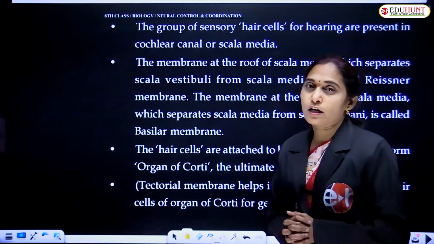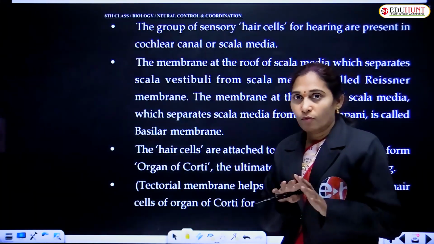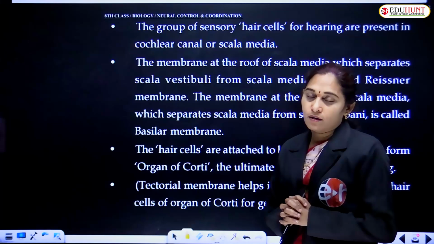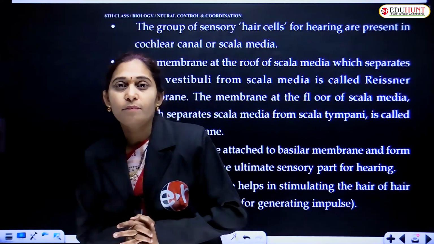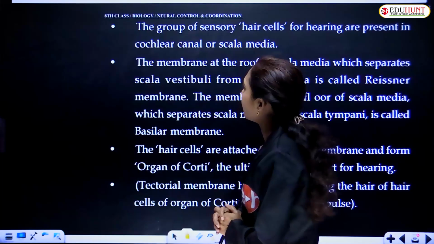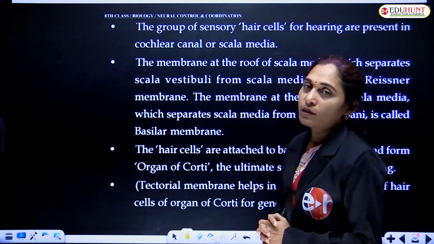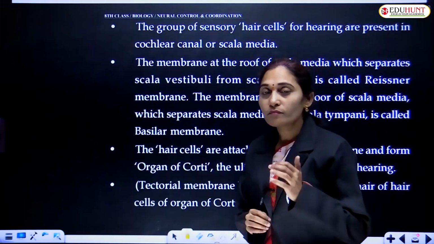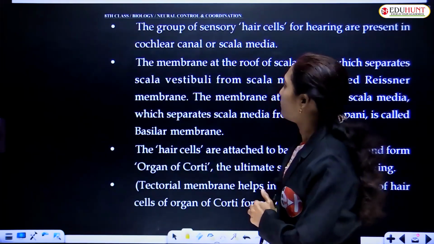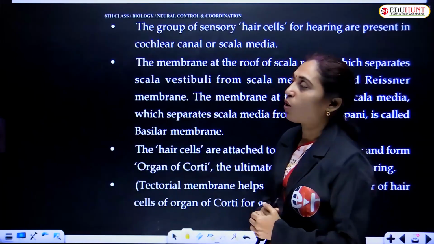So the cochlea contains both types of fluids, the perilymph and the endolymph, because these are parts of the cochlea.